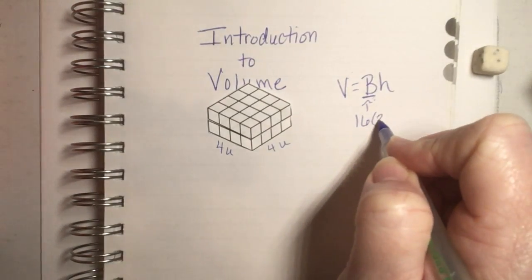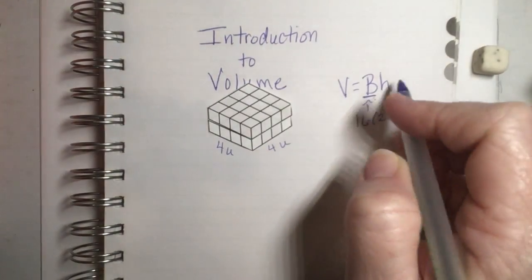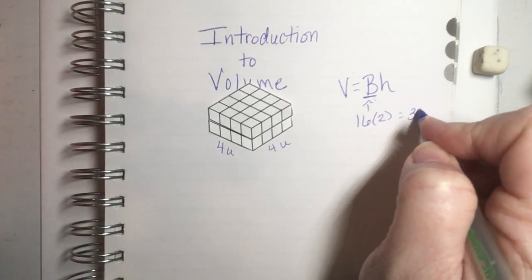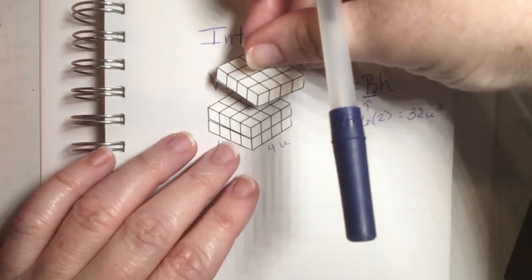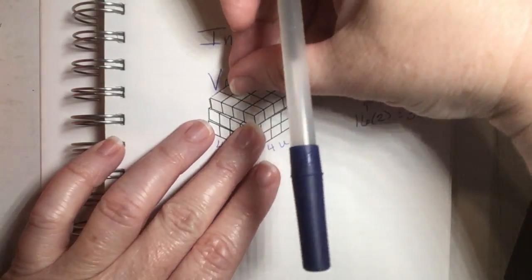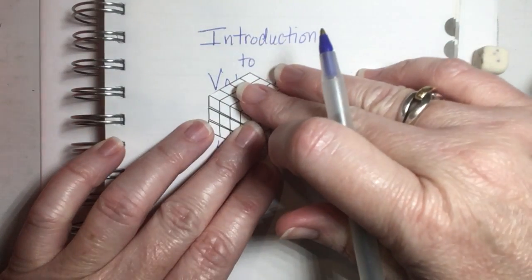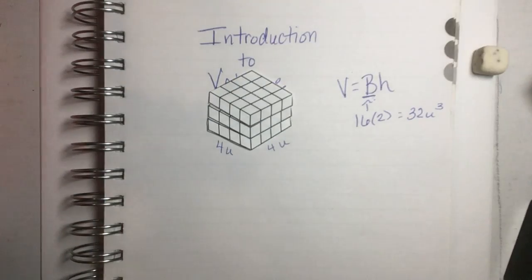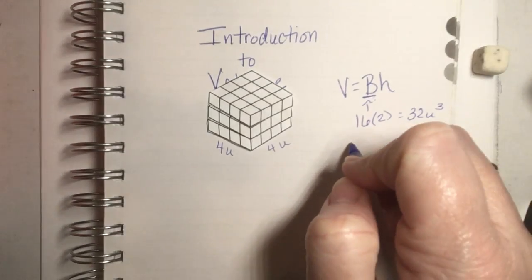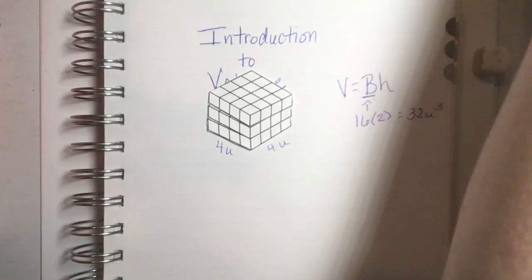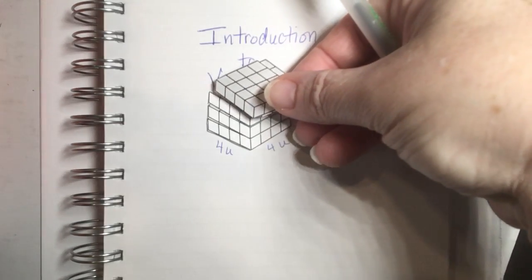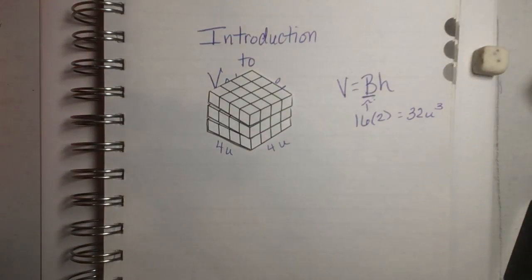And our height was 2. So that gave us a volume of 32 cubic units. If I put another layer, again, a congruent shape, another layer of 16, our height now goes to 3, right? So that 16 is repeating 3 times, or however many times our height is, okay?